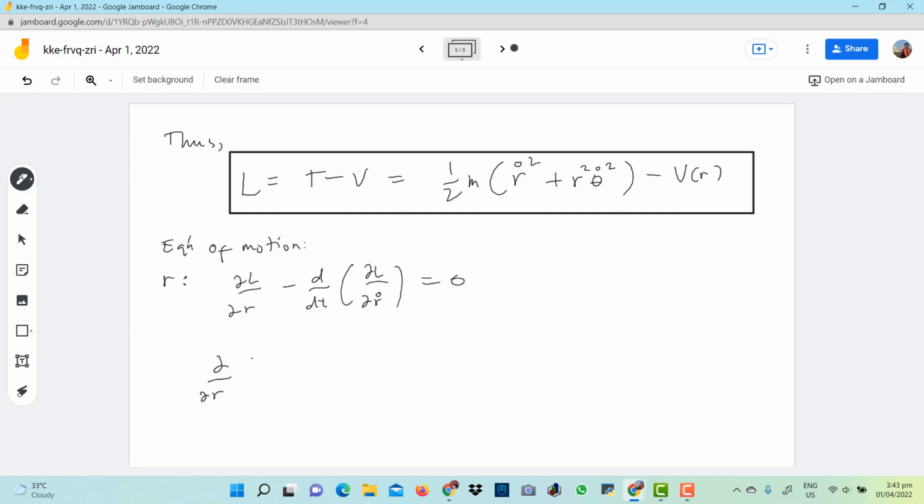My L is one half M times R dot squared plus R squared theta dot squared, minus V of R. What is the partial with respect to R?